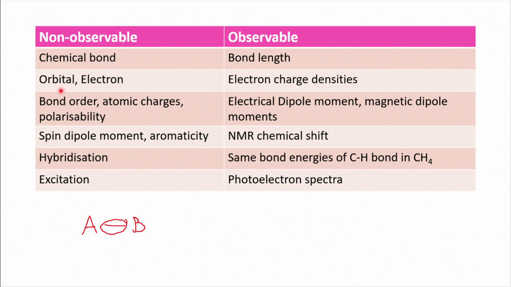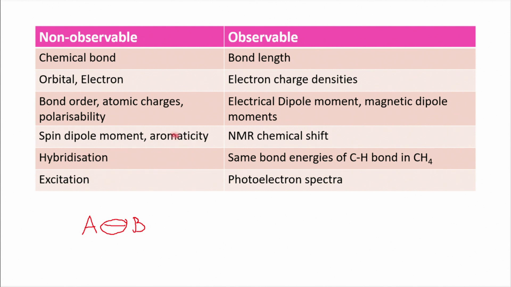We cannot observe orbitals or individual electrons, but what we can say is electron charge densities are observable. The 3D volume where the probability of finding an electron is more is called the orbital. We cannot see bond order, atomic charges or polarizability, whereas we can measure the electrical dipole moment and magnetic dipole moment of the molecules.